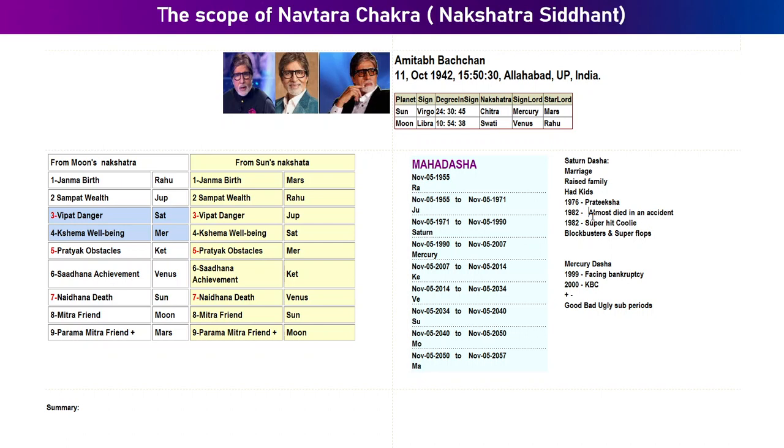For example, when Amitabh was fighting for his life after the accident, and when he was discharged from the hospital and was recovering, at that time his film was released, that Kohli film, and it became a super duper hit. So one bad thing and one good thing happening parallelly. So these kinds of things you can't possibly assess using just the Navtara or the Nakshatra Siddhant.